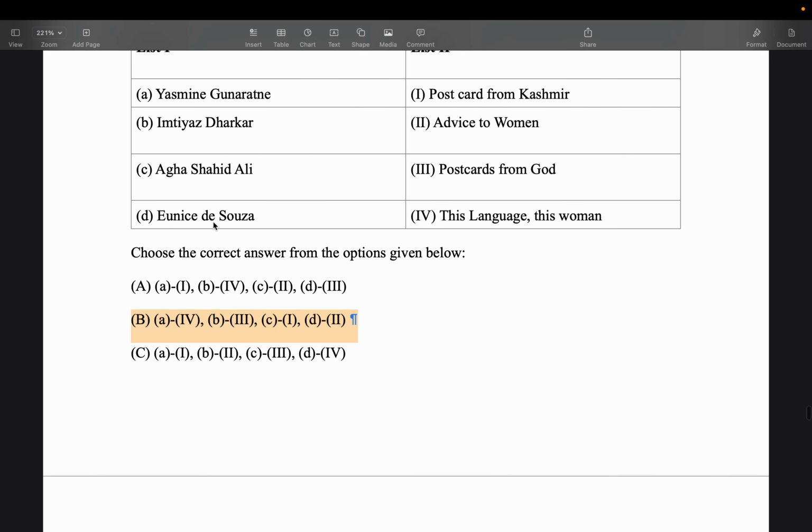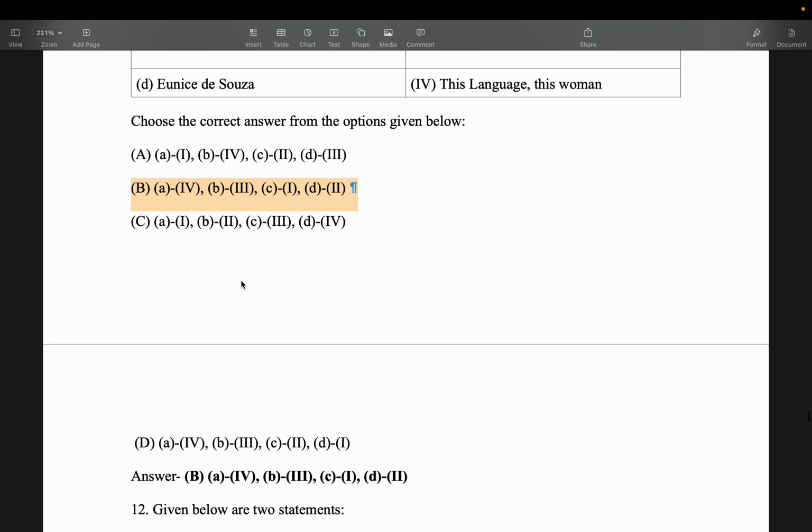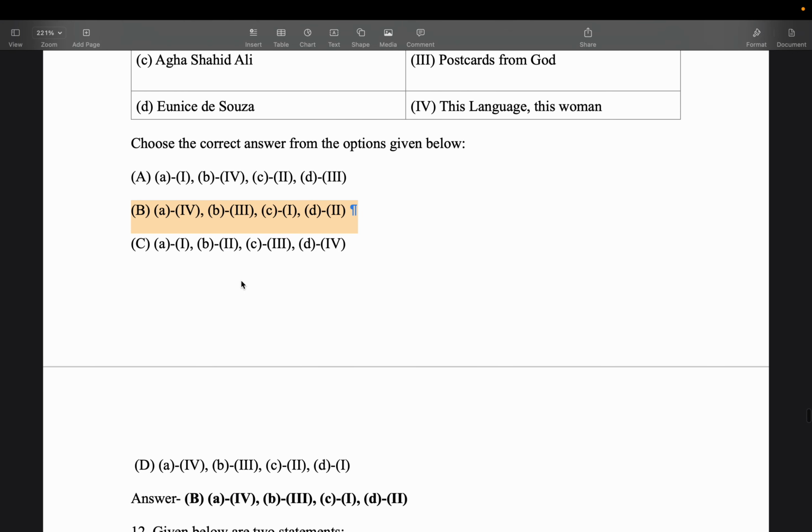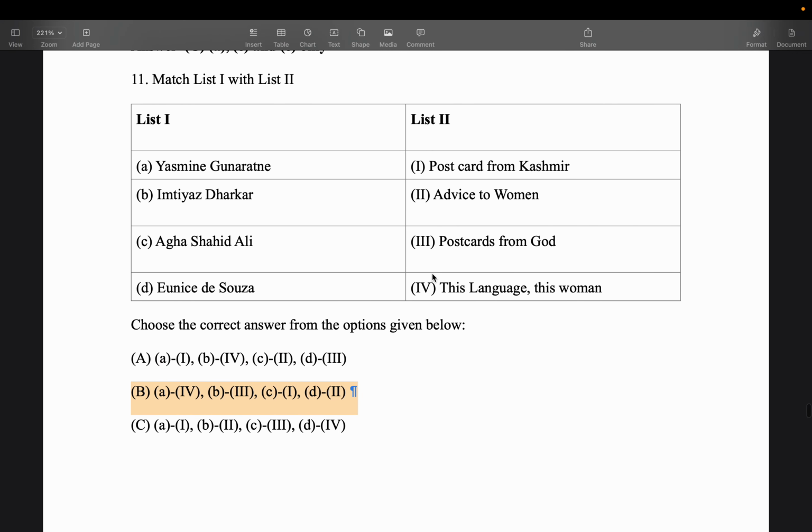If you know one of these, you will know. Very good. So the answer is A4, B3, C1, D2. A4, Yasmine Gooneratne, this language, this woman. B3, Imtiaz Dharker wrote Postcards from God. Agha Shahid Ali wrote Postcard from Kashmir. Eunice de Souza wrote Advice to Women.